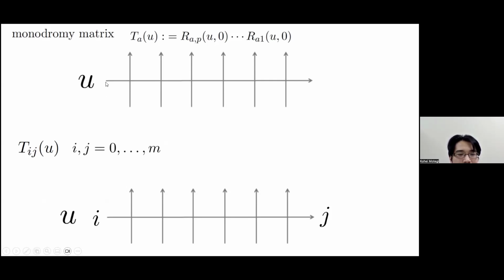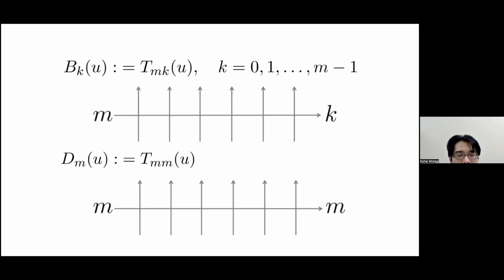and the matrix elements of the monodromy matrix with respect to this auxiliary space I denote as T_ij. There are (m+1) squared elements, but in this proof I don't use everything. I use only those where this left part is fixed to be color m.